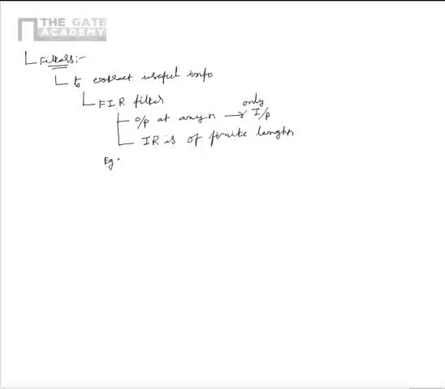For example, y of n is equal to x of n minus x of n minus 1 is a FIR filter. Here we see that the output at n depends on input at the instant n and n minus 1. Also, if you see for this LTI system, the impulse response h of n can be written as 1 comma minus 1, which is also of finite length.